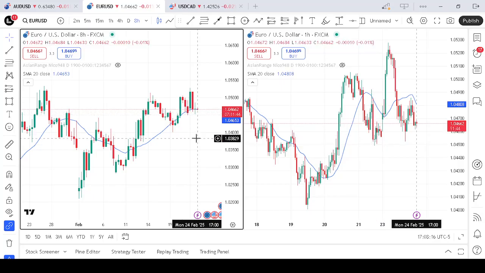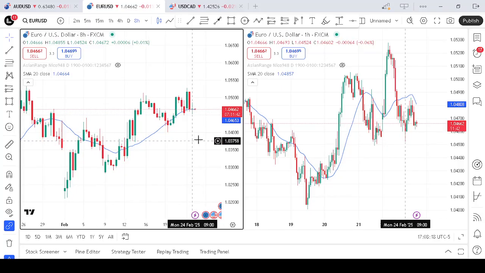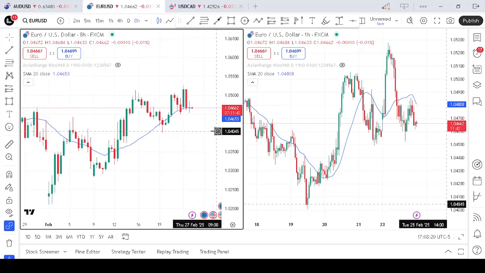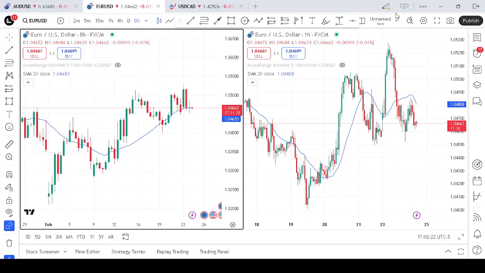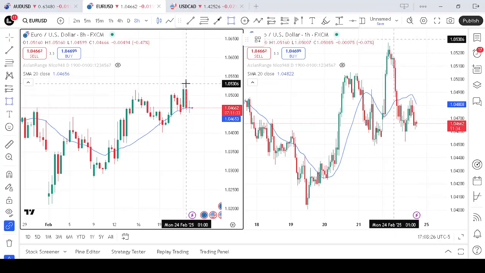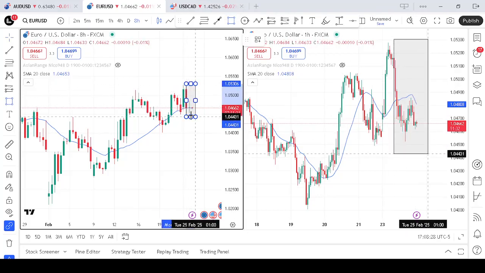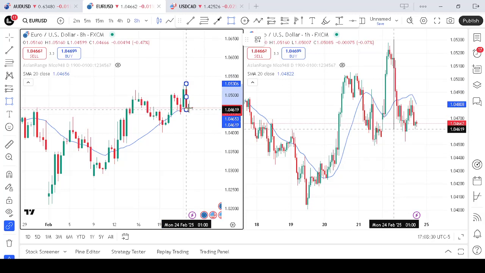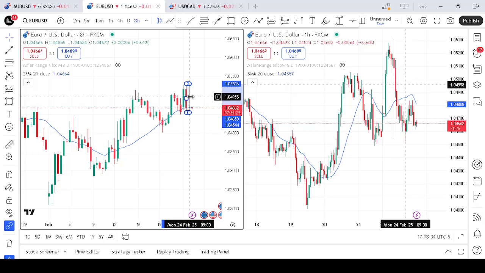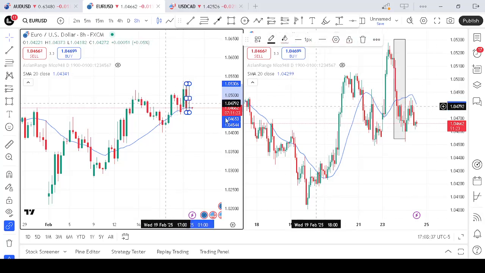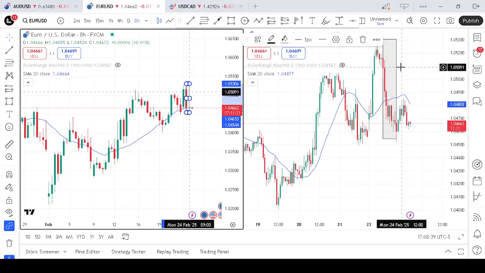Now, let's look at this candle, one of the 8-hour candles. We can see that this 8-hour candle, on the 1-hour time frame, captures the activity that happened in this area.